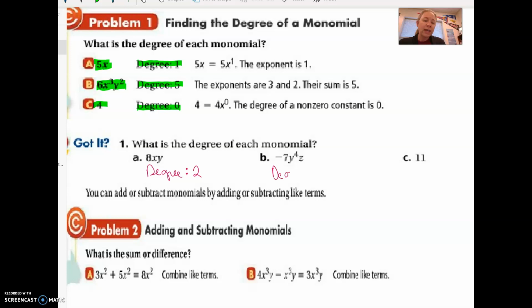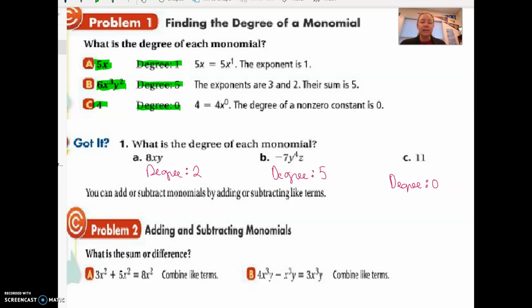So here we would say it has a degree of 5. And then C11 is a constant, so that has to have a degree of 0. So just a few other examples, and if you did them by yourself first, you can check those.